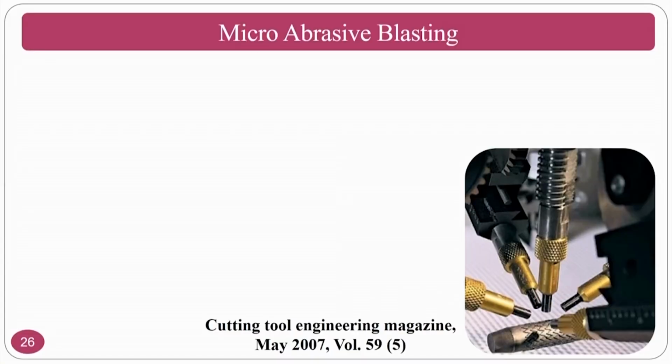That means your particle size will be 10 microns, 15 microns or below, and it will pass through very fine nozzles. Okay, so these are the fine nozzles which are impinging on the workpiece. Some burrs are remaining, so a deburring action is taking place by the microblasting.